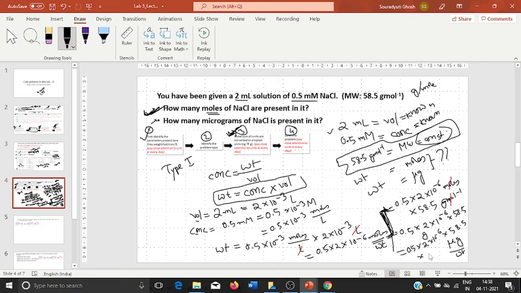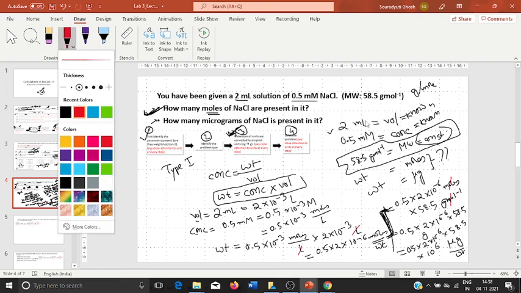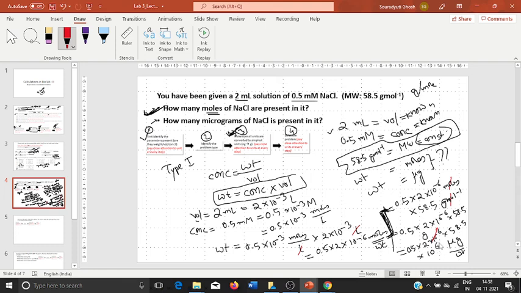We are converting with 10 to the power 6, so 1 gram is 10 to the power 6 microgram. Now a few more things cancel out. 10 to the power minus 6 and 10 to the power 6 cancel out. The answer is 0.5 into 2 into 58.5. So that is how you solve this problem.